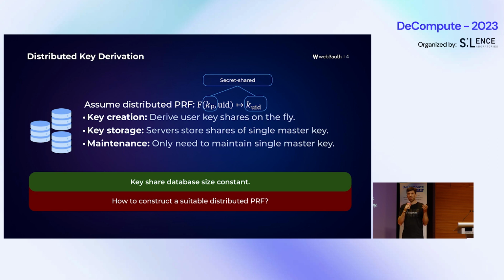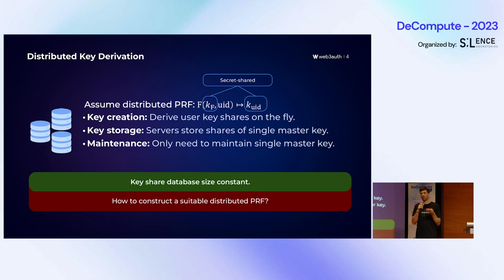If we want to migrate the shared databases, we just have to migrate the master key. Or if we want to refresh the key shares, we just have to refresh the master key shares. So all of our work is now constant in the number of users, which can be really nice. We got rid of a lot of complexity.